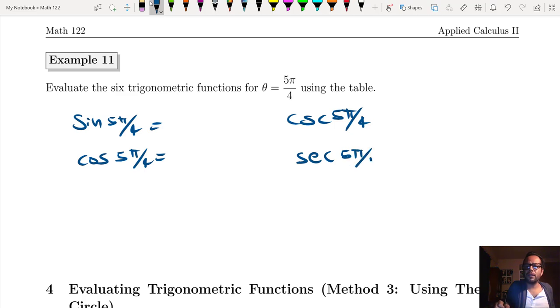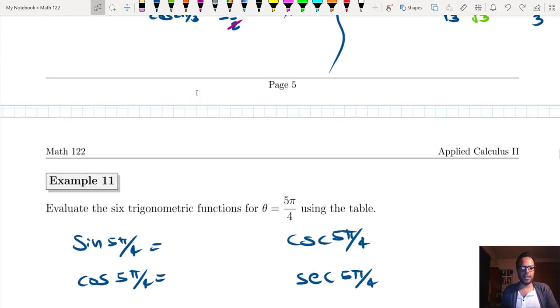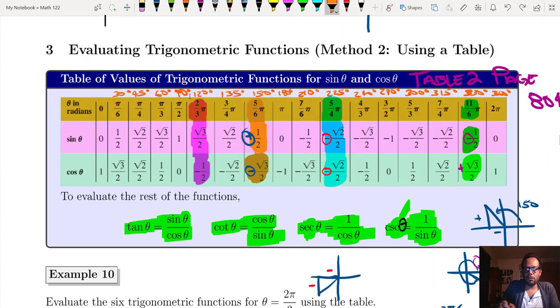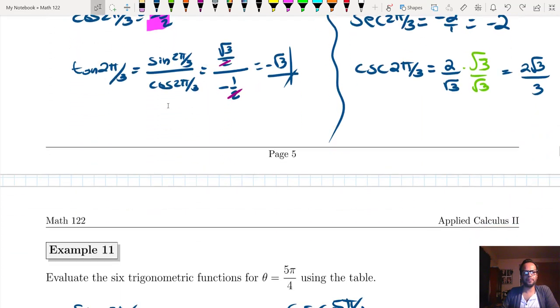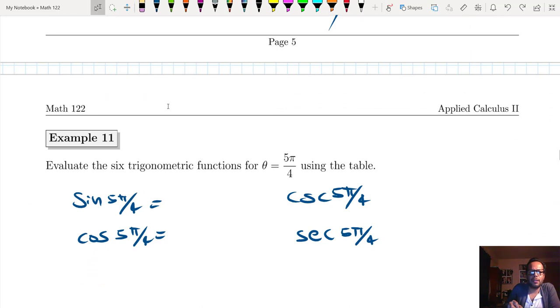Well, because cosecant is the reciprocal of sine, right? So let's look at the value of sine of 5 pi over 4, which we highlighted in blue. In this case, both sine and cosine are negative root of 2 over 2.